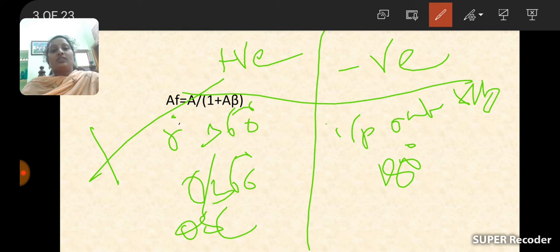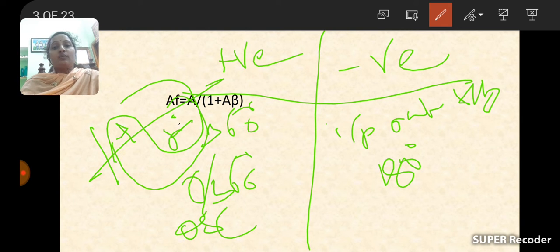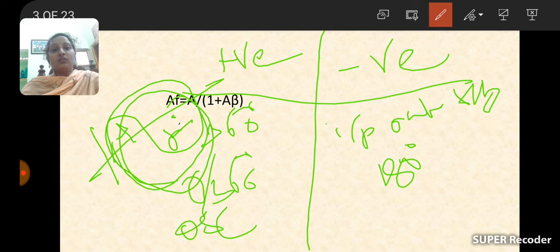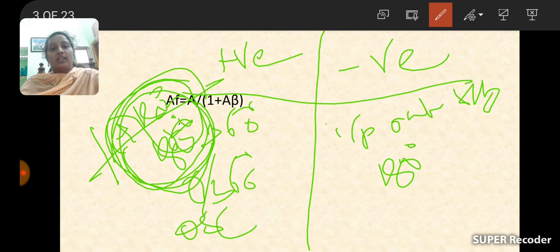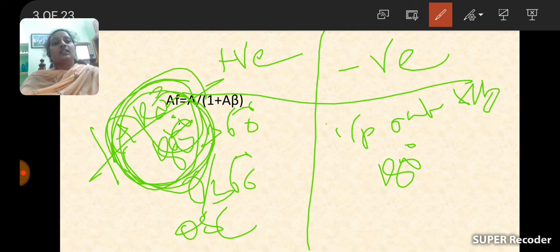Oscillation consists of a positive half cycle as well as a negative half cycle. To get one positive half cycle and one negative half cycle, it must consist of 360 degrees: positive 180 degrees as well as negative 180 degrees. In total it requires 360 degrees.